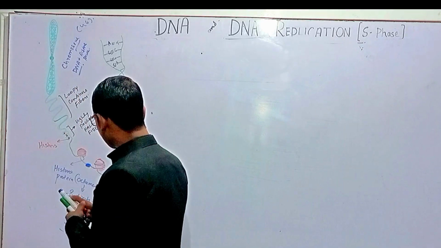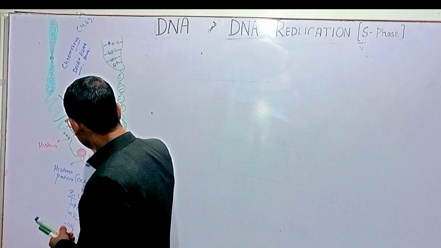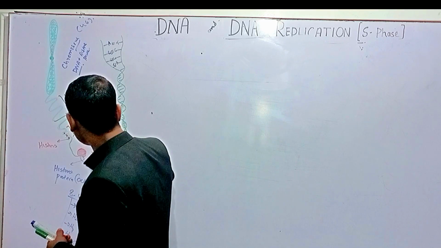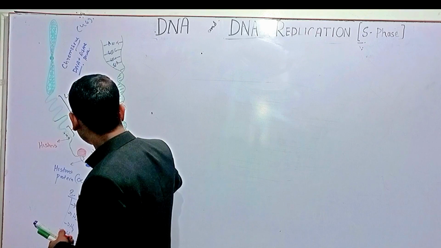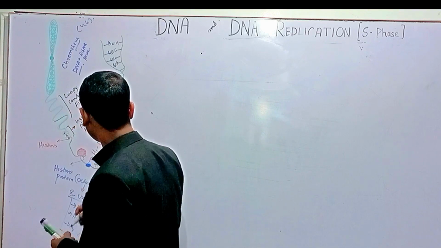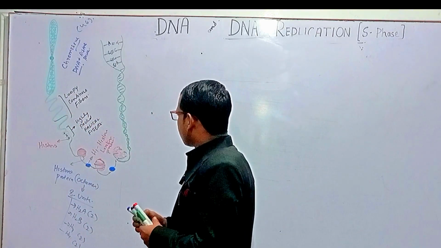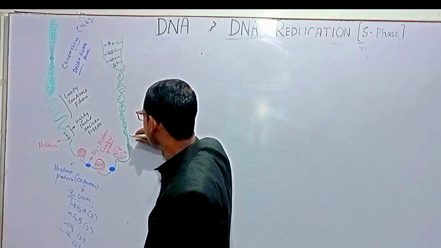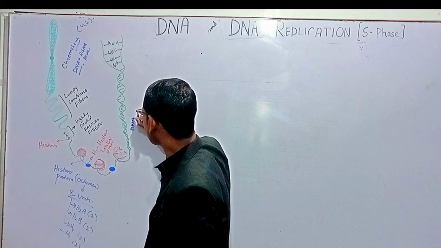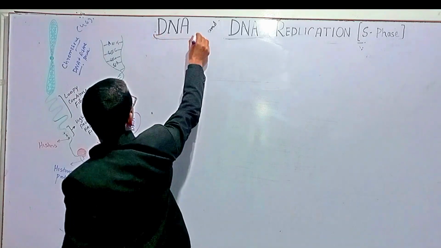One other histone protein is this blue. This is H1 histone, also known as linker histone proteins, right? After that, we have zoomed in on this DNA. DNA is a double helical structure. What does DNA stand for?